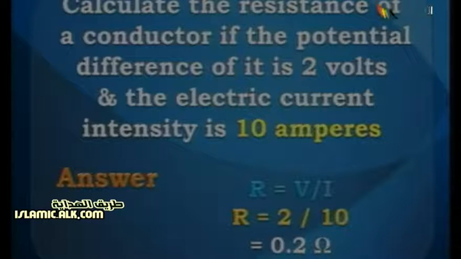If I have no rule, I get no mark in this part, so I take 2/3. Second, if I have no calculation, I lose one of these marks. And the last, if I have no unit, it's 0.2 what? Kilogram or gram or what? So this is the unit, and it's very important to know this. So finally, R equals V divided by I, R equals 2 divided by 10, so the final result is 0.2 ohm.